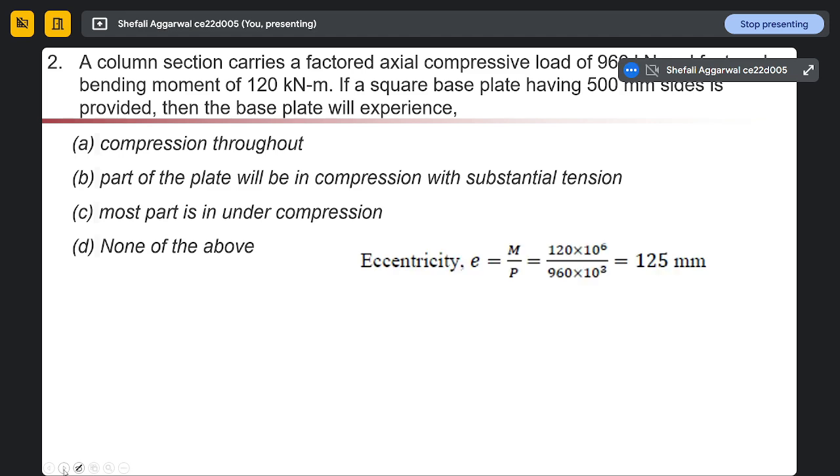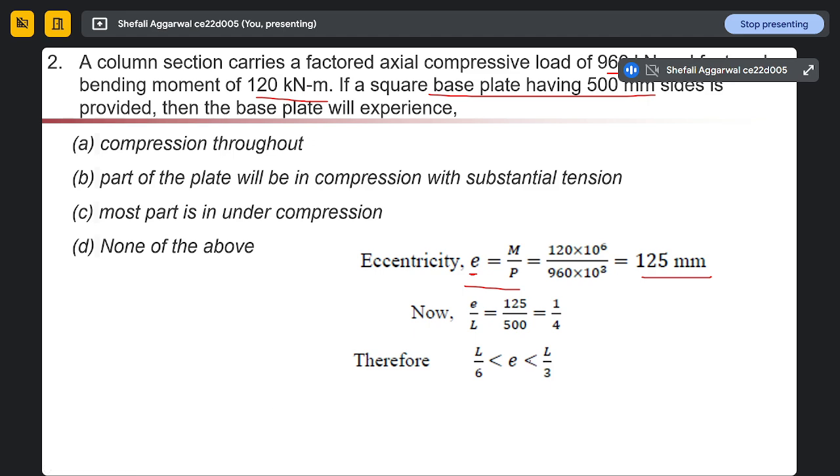Let us try to solve it. In these kinds of cases, what do we have to calculate? We have to calculate our eccentricity. So what is given to us? Bending moment and axial load. Using the formula E is equal to M upon P, we can calculate our eccentricity, which is 125 mm. Now we have the length of our base plate, so E upon L will be 1 upon 4. That means E is between L upon 6 and L upon 3.